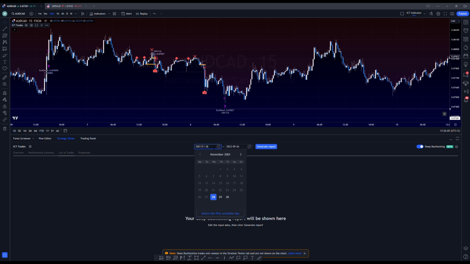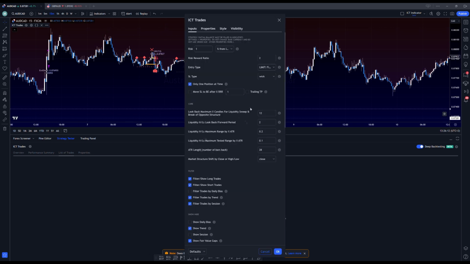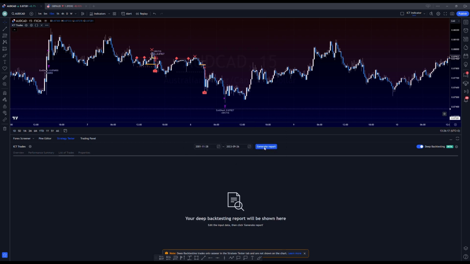It can vary with every asset, but if you want to backtest these particular settings that you have set 20 years back, you can click generate report by one click, and you will get detailed backtest results 20 years back on this asset, on this time frame, which is very great. So this can save you lots of time backtesting, guys. You can do it now with only one click.